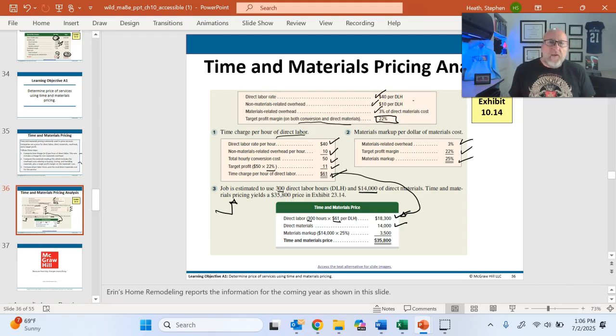And then like we said, we want to have the 3% indirect material charge and the 22% profit margin. And therefore, we're going to apply a 25% markup on material costs. So 3,500. So material pricing and labor, total cost of this job, $35,800. Thank you very much.